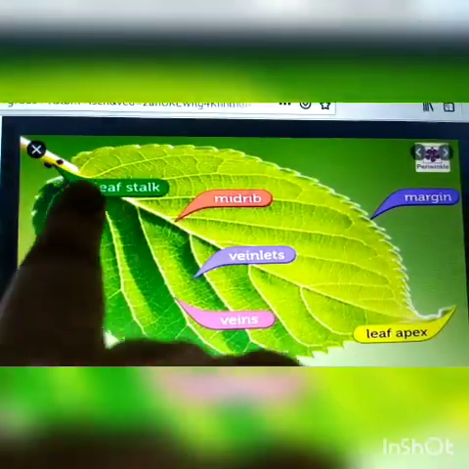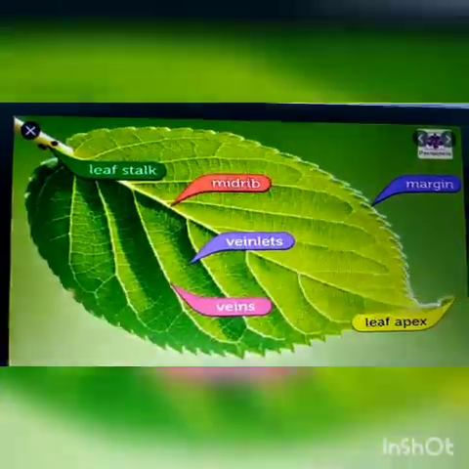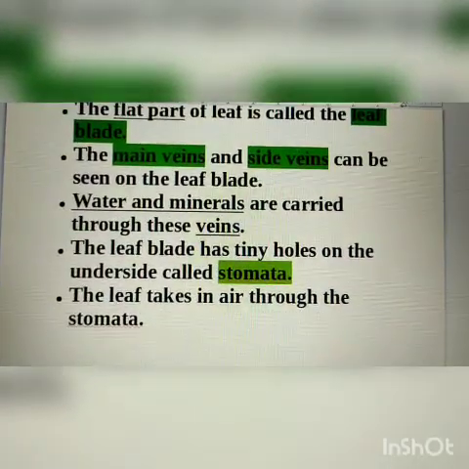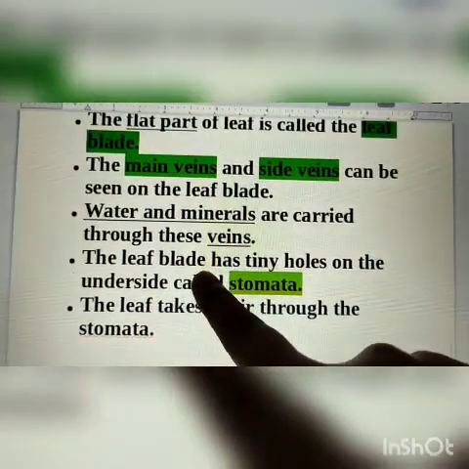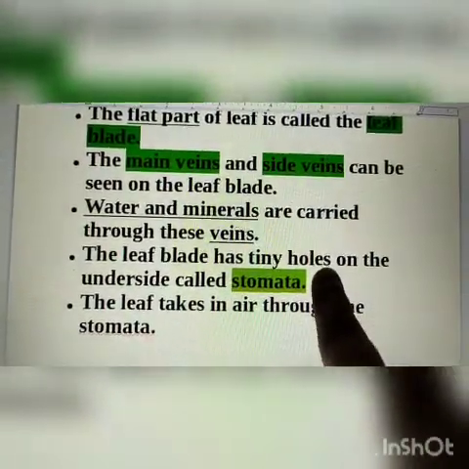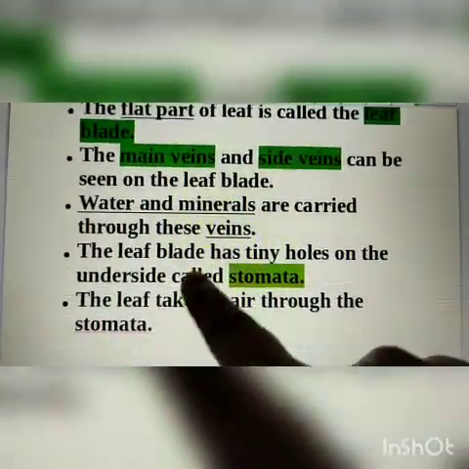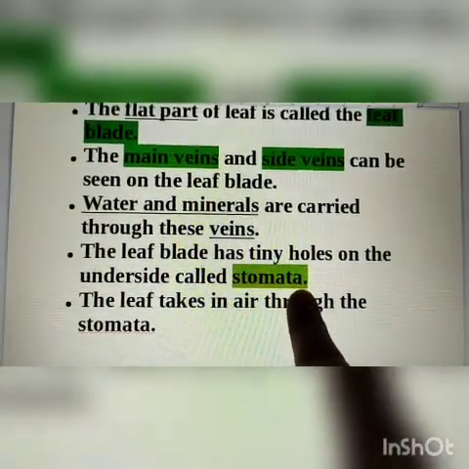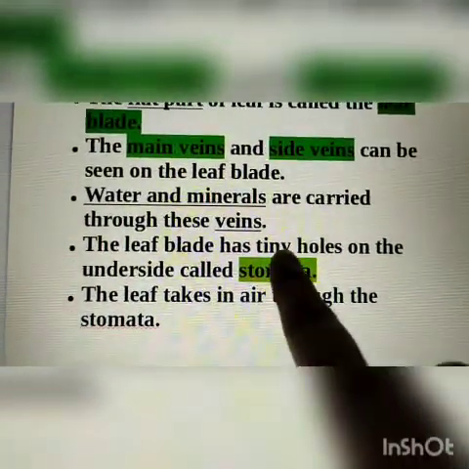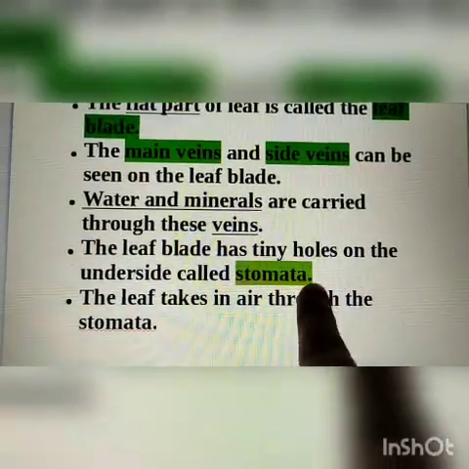Okay, so this is a leaf stalk. Now next, the leaf plate has tiny holes on the underside called stomata. Now, we'll see what are stomata.